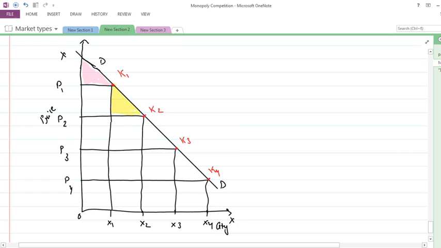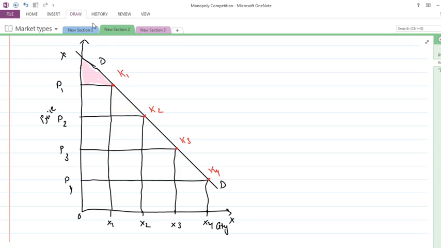The one which is highlighted in yellow, that's the consumer surplus of the second group, DK2P2. Okay, so it would be this whole portion. ये पूरा portion उनका consumer surplus बनेगा.